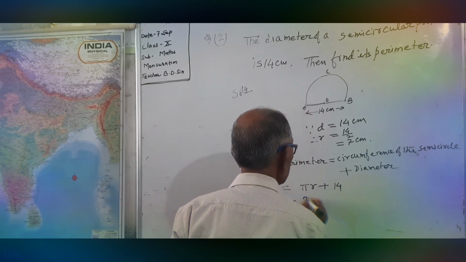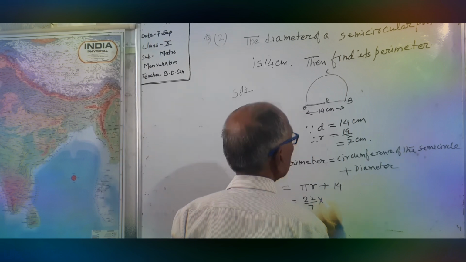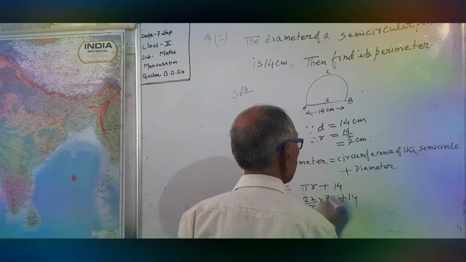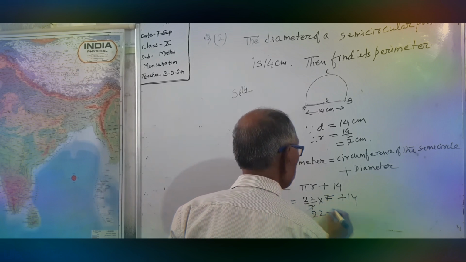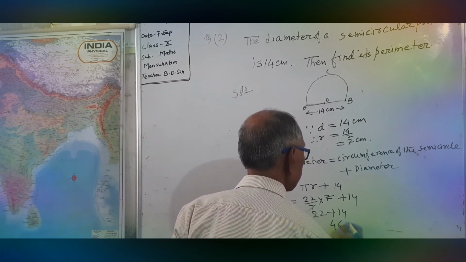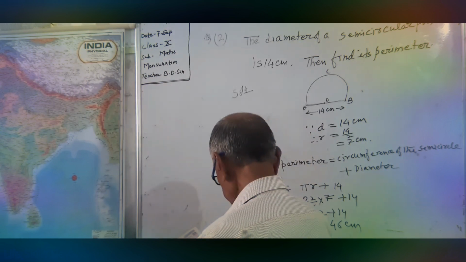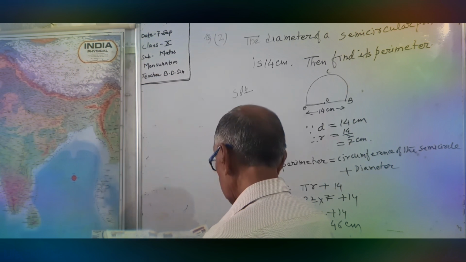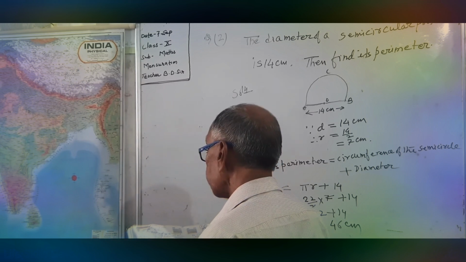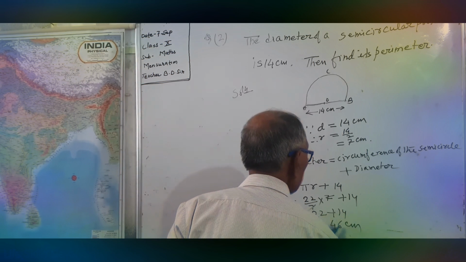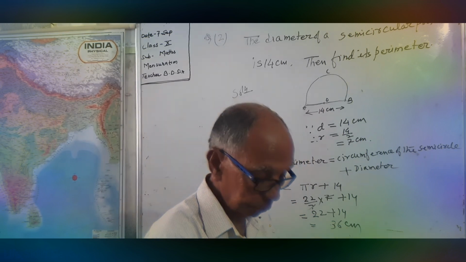That is equal to 22 by 7 into 7 plus 14. 22 plus 14, sorry, 22 plus 14 is 36 centimeter. I'm sorry. Very easy question.